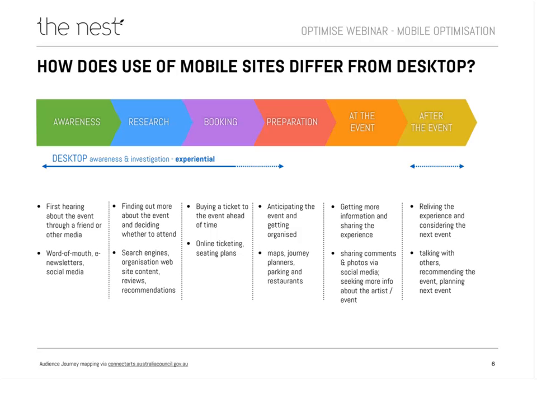So if we could look at how that maps, I think here what we have is that desktop is certainly much more prominent in those early stages of the audience journey, really around the awareness and investigation stages. And I put there that idea that we should be thinking about the online journey at this point as being quite experiential. So we're trying to give people a real flavor of what the event's going to be.